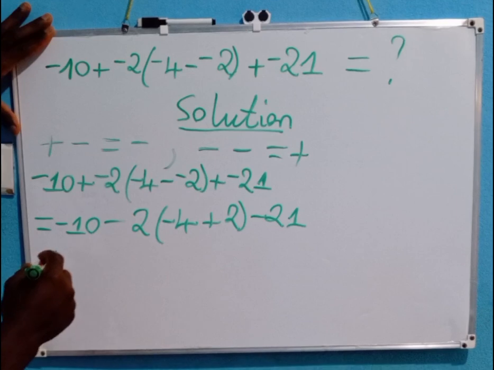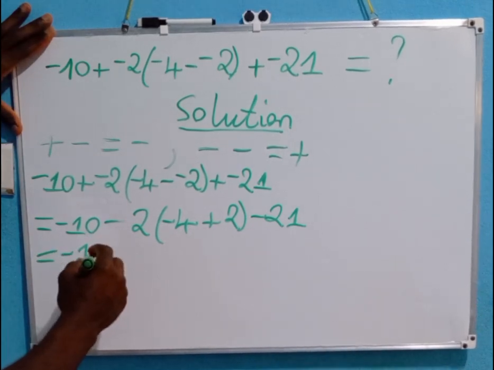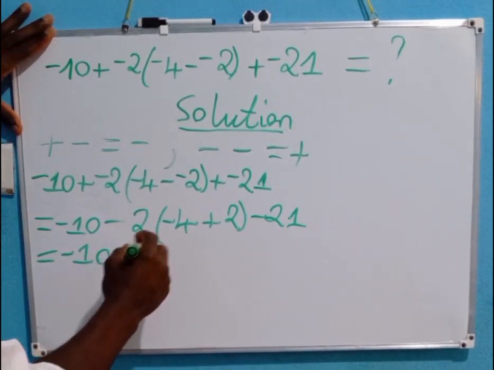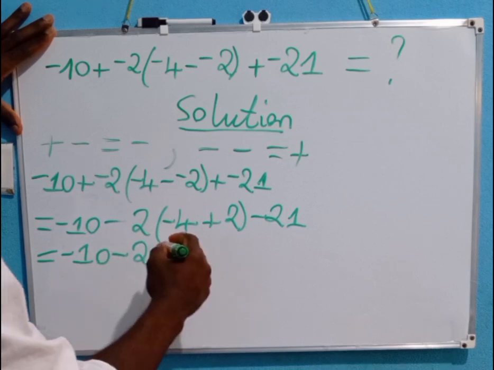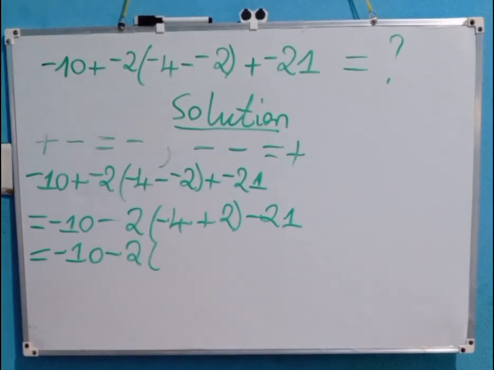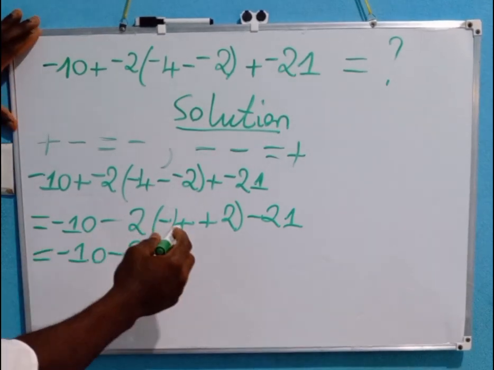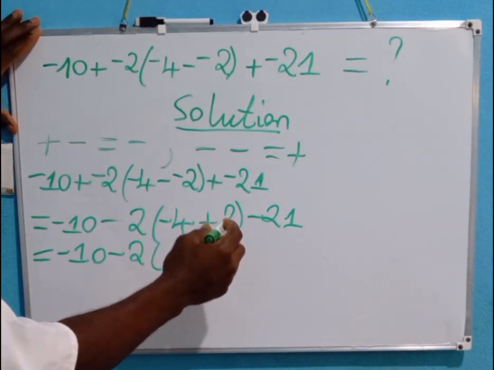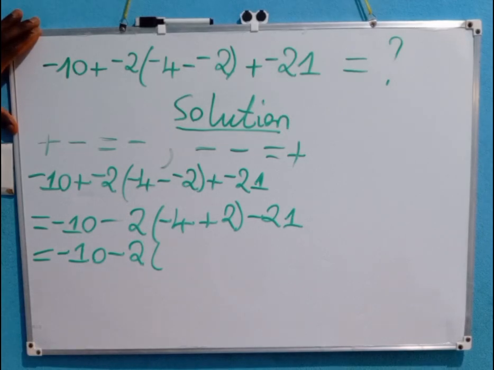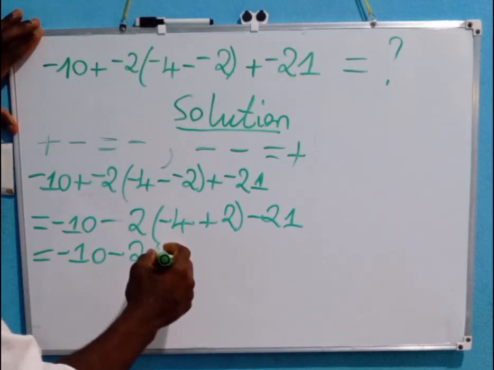This will simply be equal to negative 10 minus 2 times, by making use of BODMAS, we are going to start by evaluating what we have in the brackets. Negative 4 plus 2 is simply equal to negative 2.